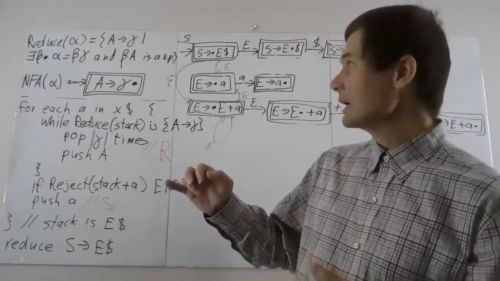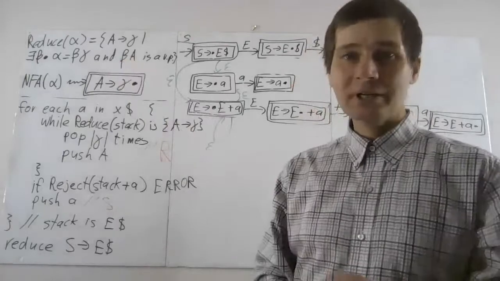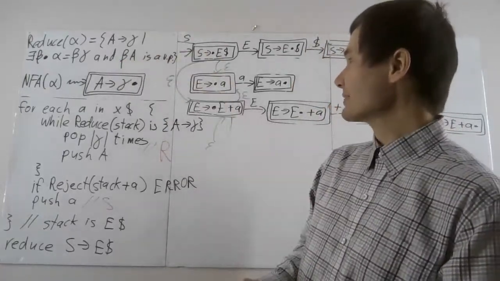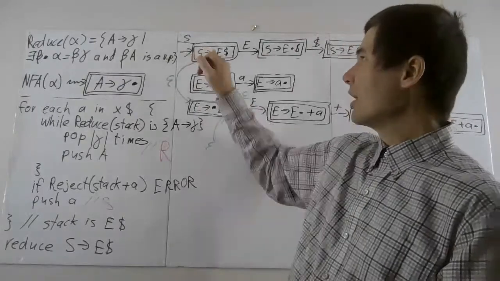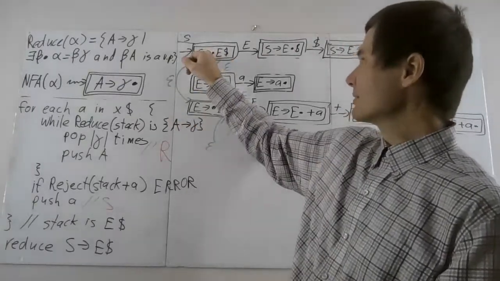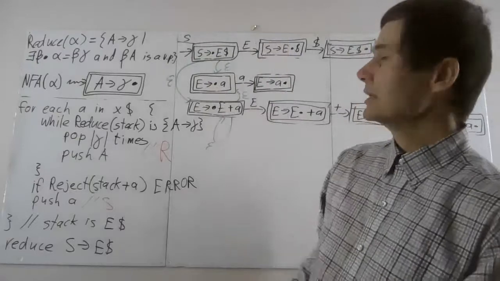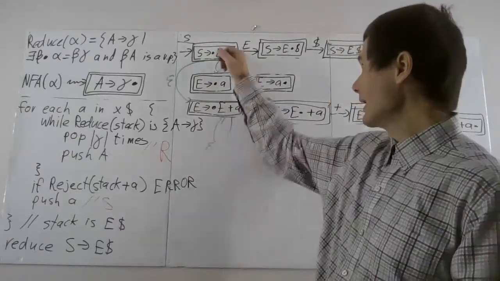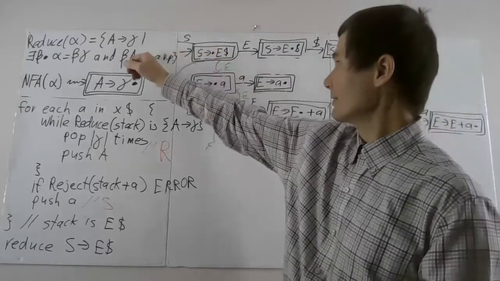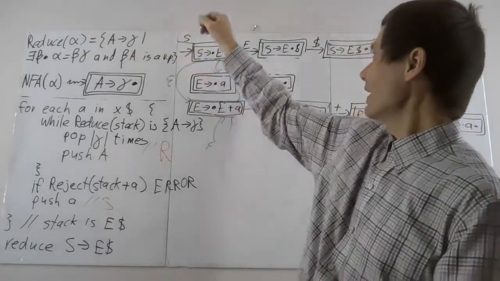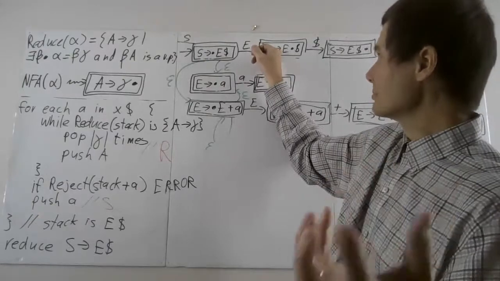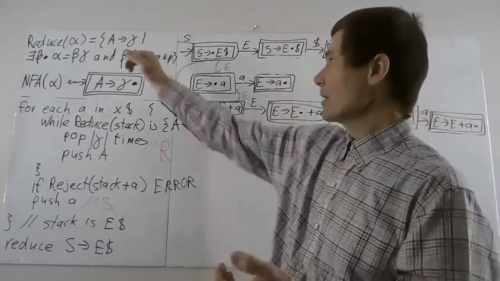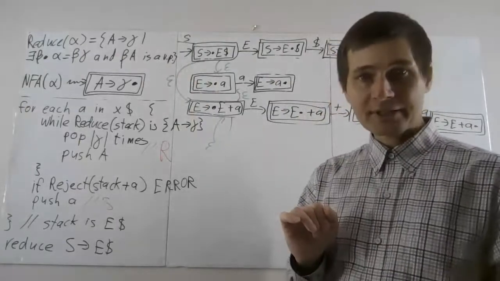Now you see why beta A should be a viable prefix, because beta got us to a state where the dot was before A, and if the dot is before something, then there's another transition on that something. And so we take beta to here, and then we take that non-terminal symbol A to here, and it's still an accepting state. So beta A is a viable prefix.